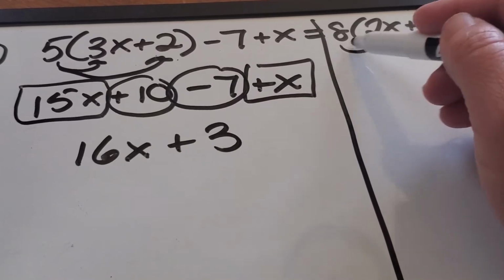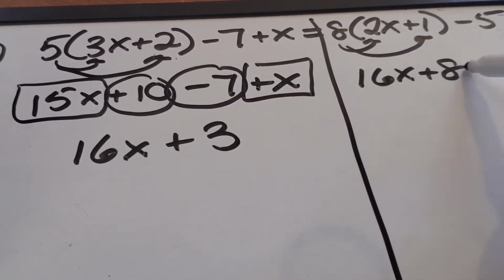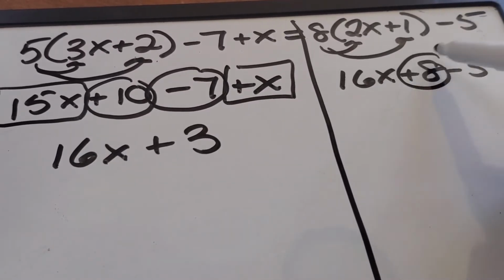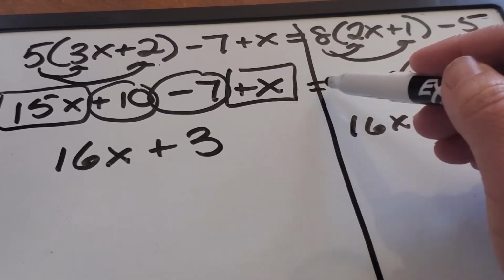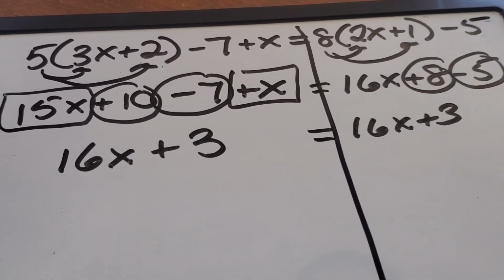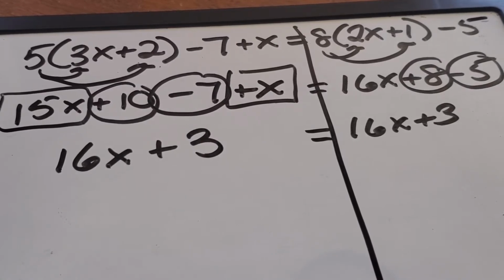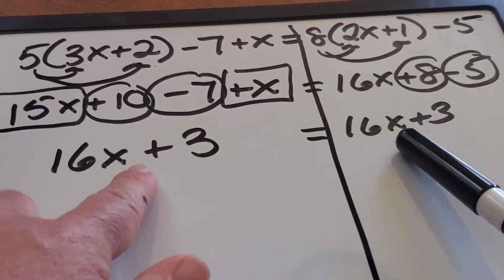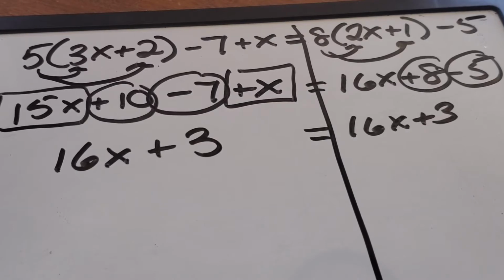On this side, distribute the 8, you get 16x plus 8 minus 5. Combine your like terms here, and you get 16x plus 3. So this really says 16x plus 3 equals 16x plus 3. Now, hopefully, you're stopping there and you're saying, wait a second, any number I filled in for x would make it true, because they say exactly the same thing on both sides.